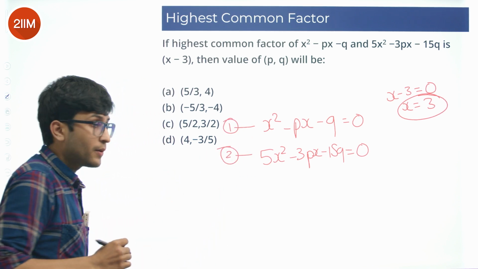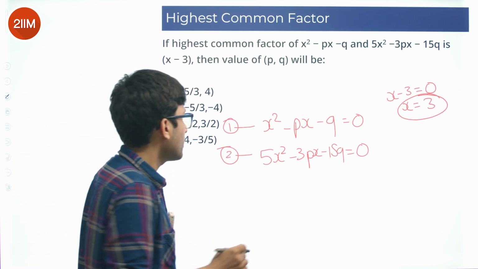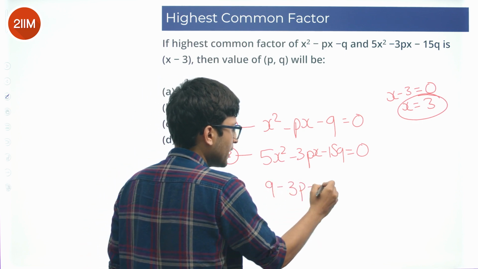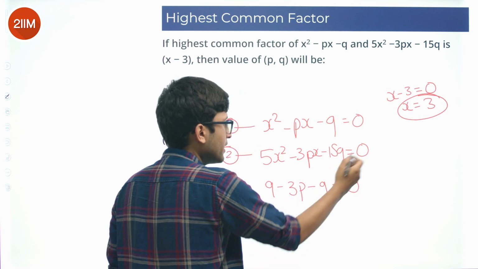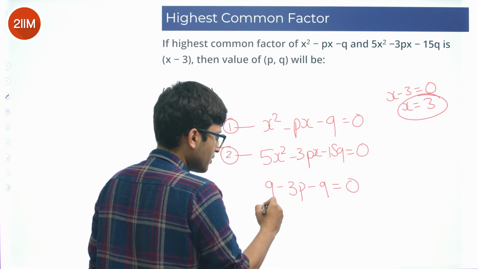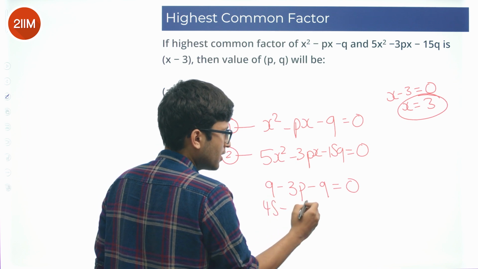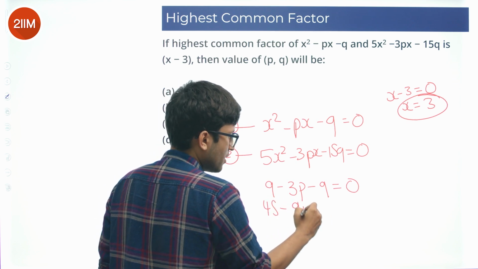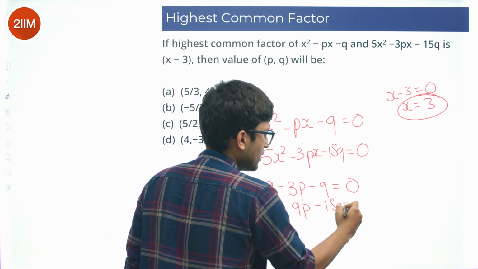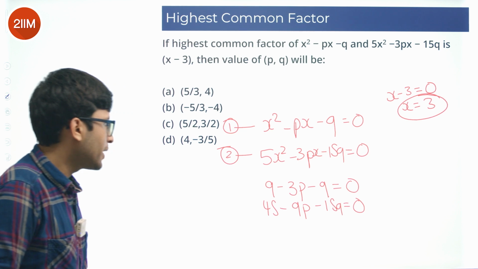So let us put x equal to 3. My first equation would turn out to be x square, which is 9 minus 3p minus q is equal to 0. And the second equation would be 9 fives are 45 minus 9p minus 15q is equal to 0. Yeah, these are my two equations.